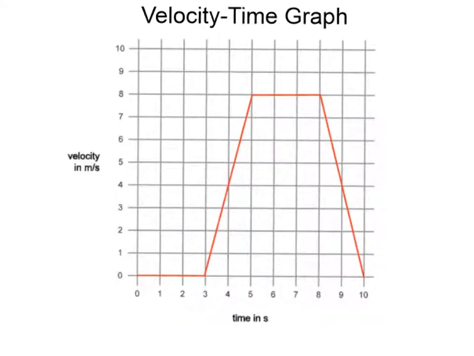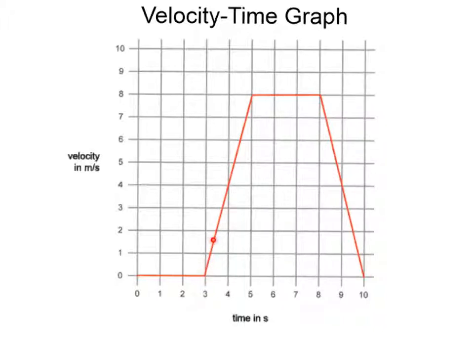Let's take a look at our velocity-time graph. We have velocity on this side in meters per second, and time in seconds on the x-axis. What is happening right here? Well, our velocity is 0, and it stays 0, so this object must be at rest.